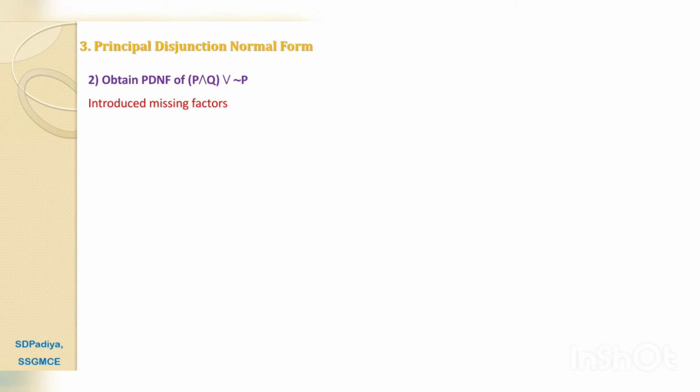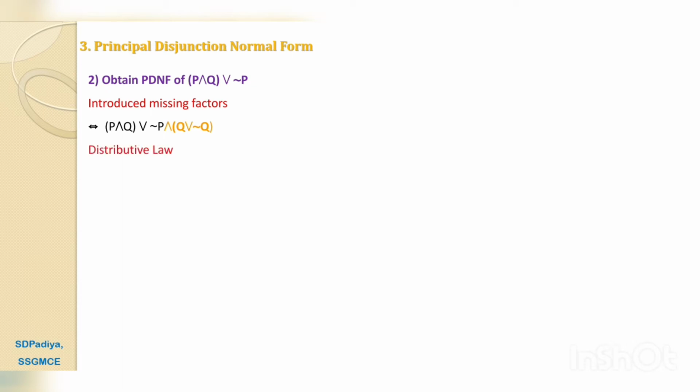Now in the first term P and Q, both factors P and Q are available. Only with the second elementary product term not P, Q is missing. That's why we have introduced Q or not Q with the P. It is logically equivalent to P and Q, the first term as it is, or not P and in bracket Q or not Q.